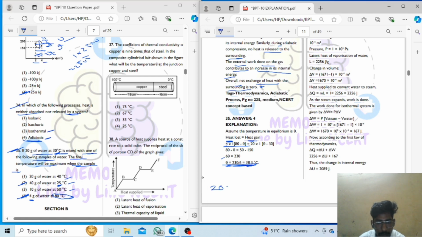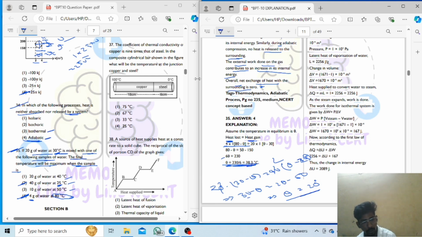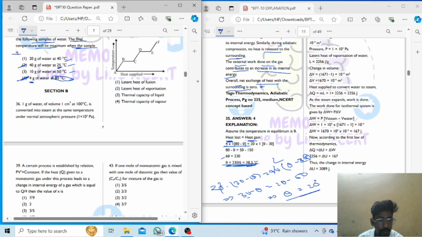Okay, so 20 into 1, don't need to write it, so 30 minus theta, and here theta minus 30, 20 by 40 it will become 2, so that is 30 minus theta equals 2 theta minus 50. So here theta becomes 20 degrees. So 20 degrees is lesser than 38.3. Therefore you can say option number 4 will be the correct one. And I told you how to choose the option: the temperature difference should be greater compared to the other options.